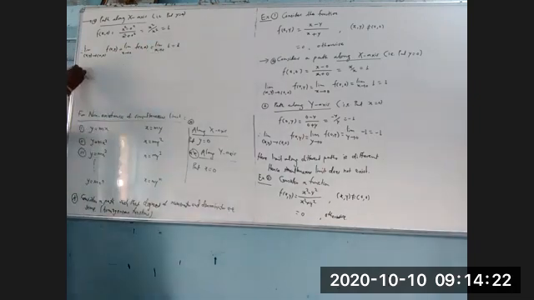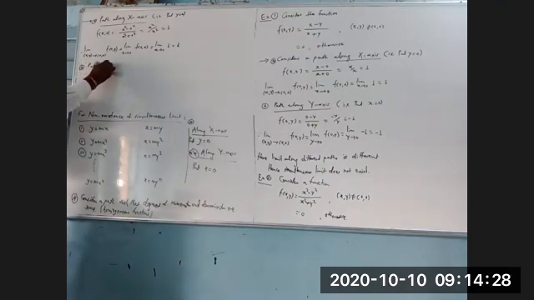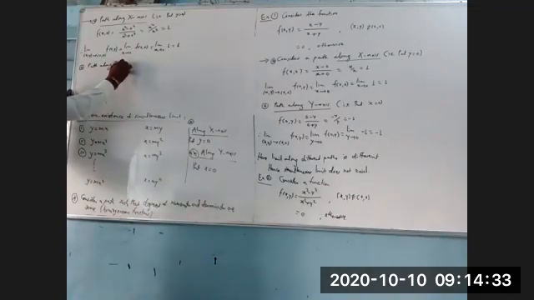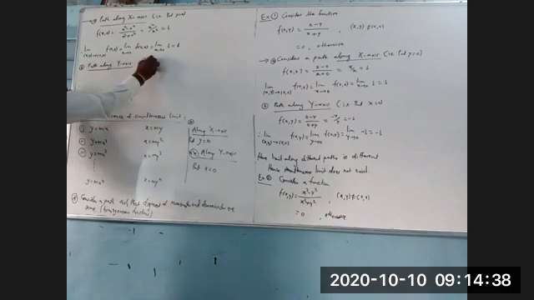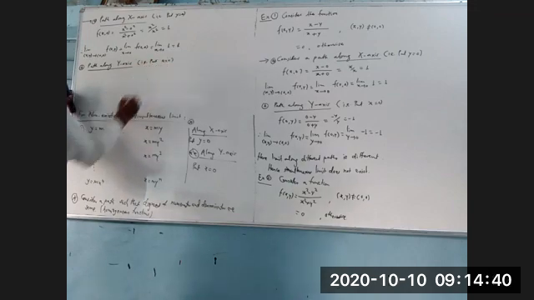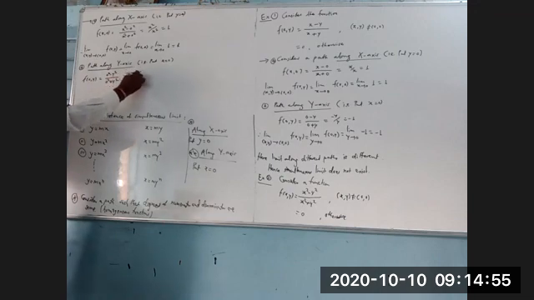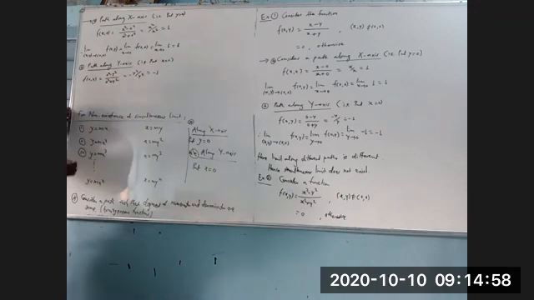Then for the path along the y-axis, we have to put x equal to 0. Therefore f of 0, y will be 0 squared minus y squared upon 0 squared plus y squared. It will be minus y squared upon y squared, that is minus 1.